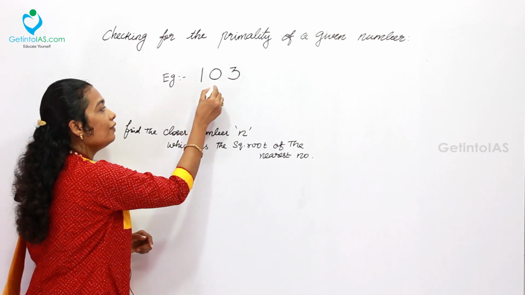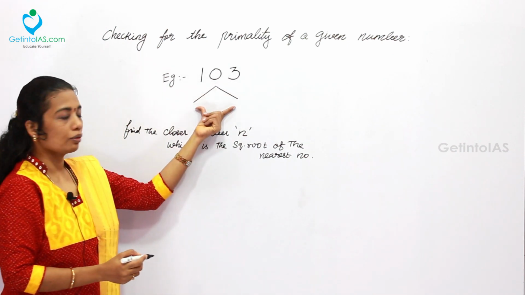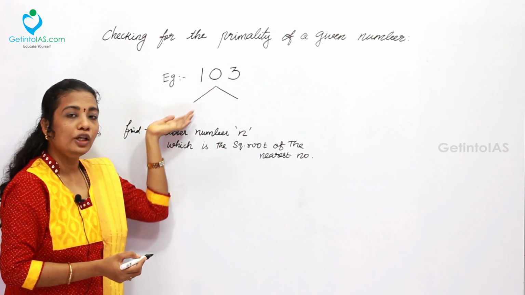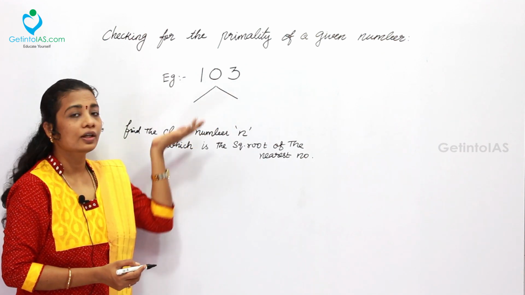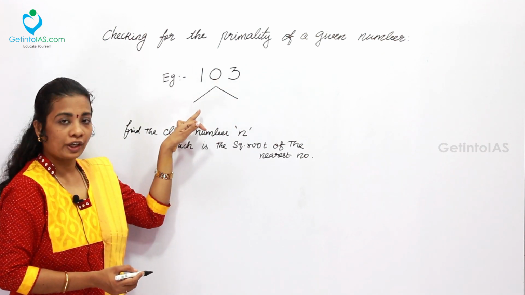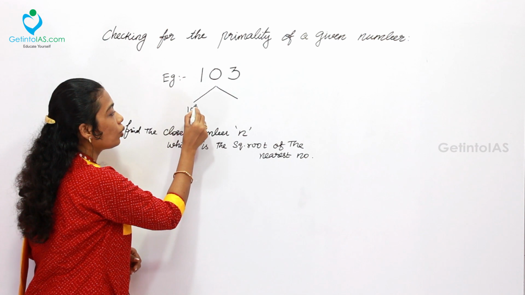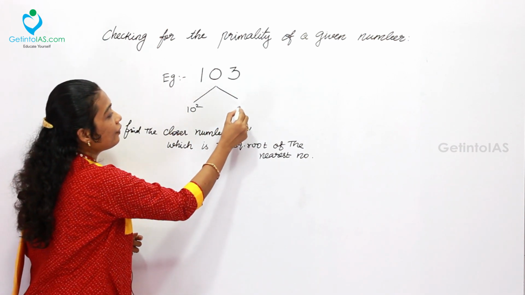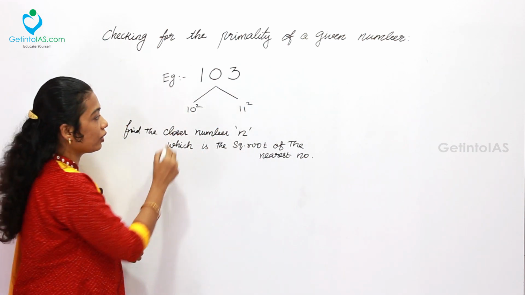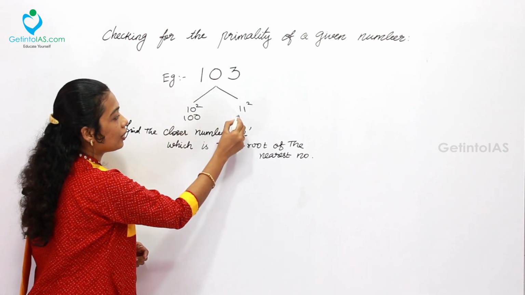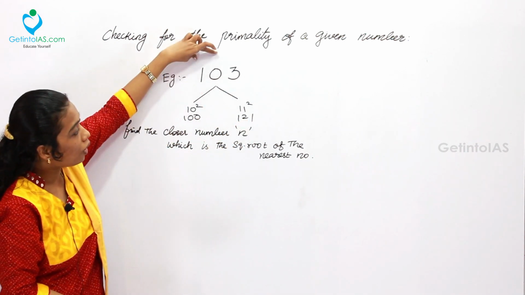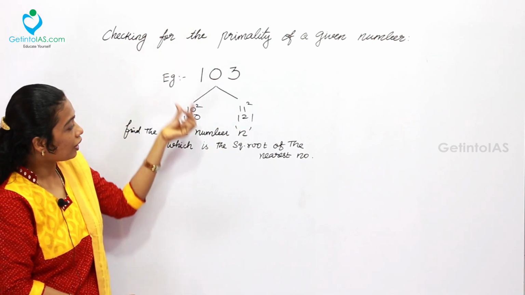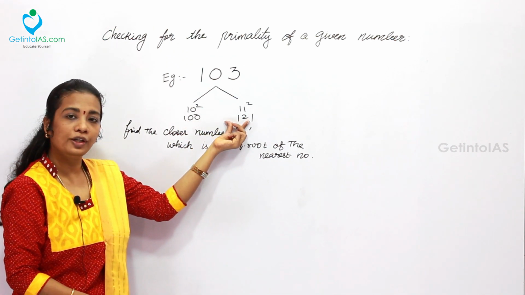So here I will have to find 2 numbers because one will be below the level and another one will be above the level. So for 103, I know that 10 square is 100 and 11 square is 121. 103 is within the range of 100 to 121.